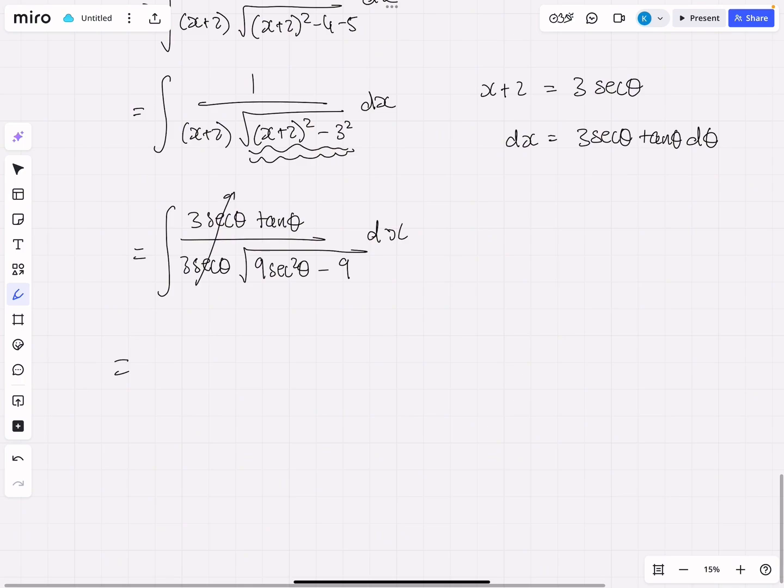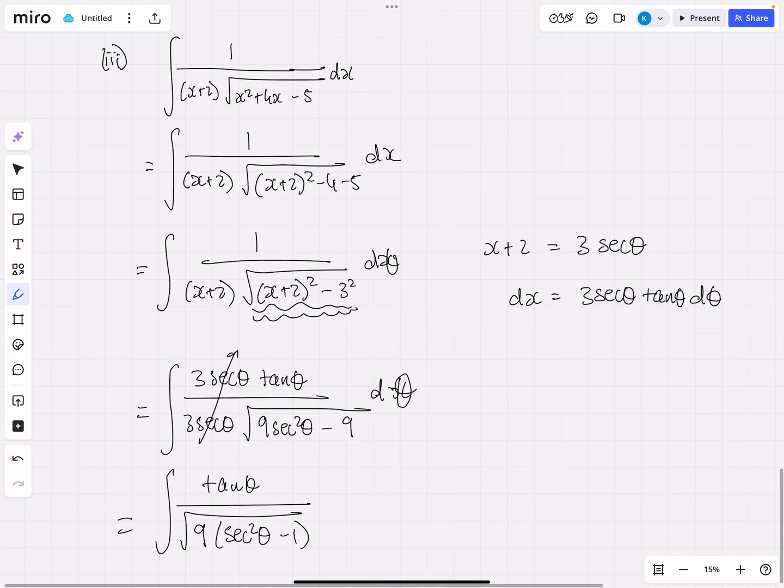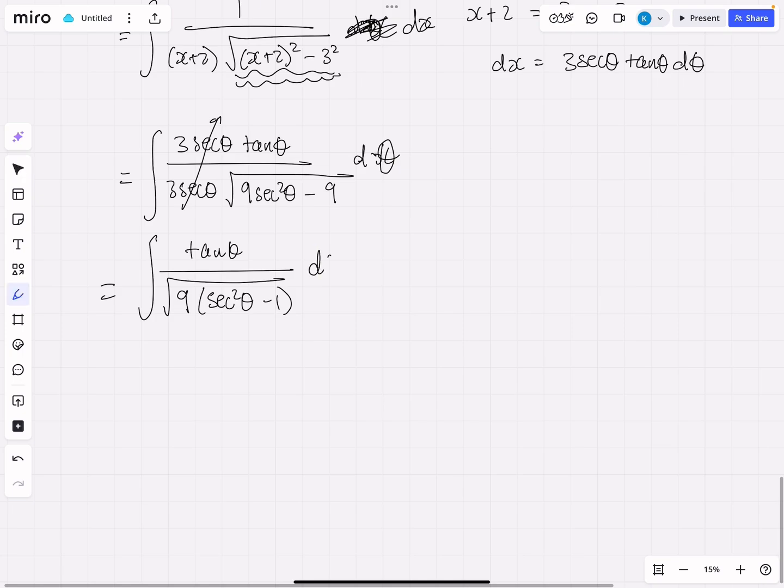Now, lots of cancellations can happen. That can go. So we're going to have the integral of tan theta. And remember, the whole idea was that we'd factorize out this 9 to get sec squared theta minus 1. Oh, apologies. This should be d theta, and this should be dx. Yeah, that was right. But this should be d theta. Apologies there.